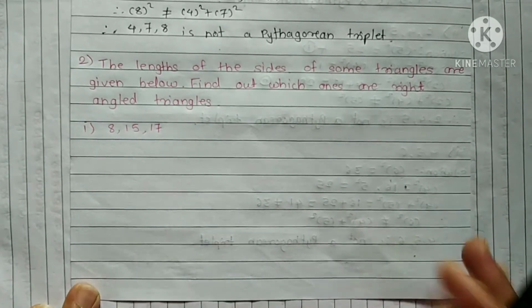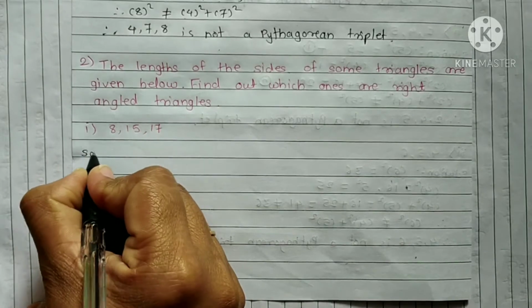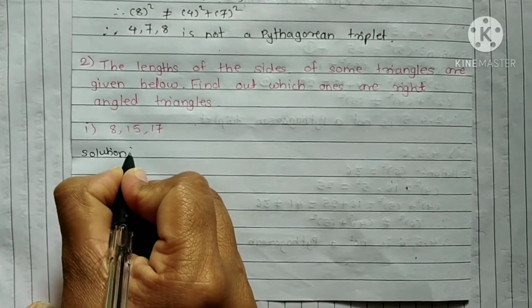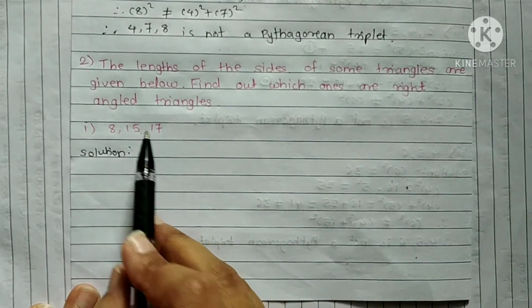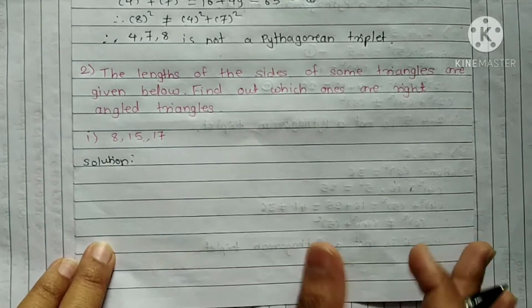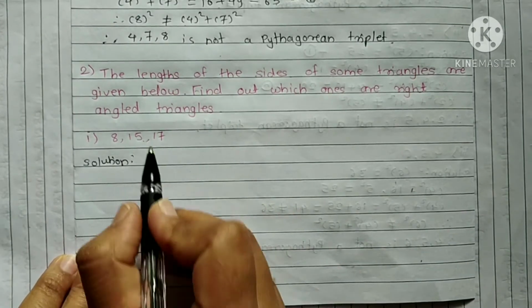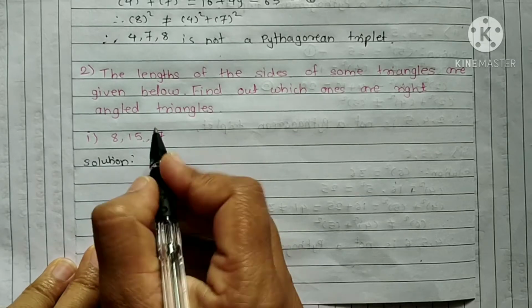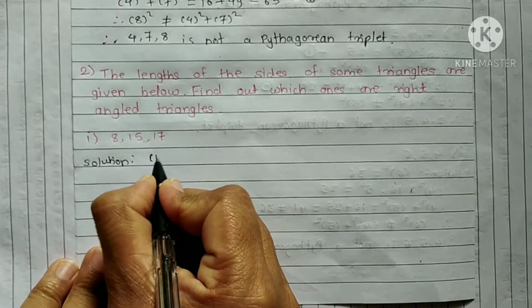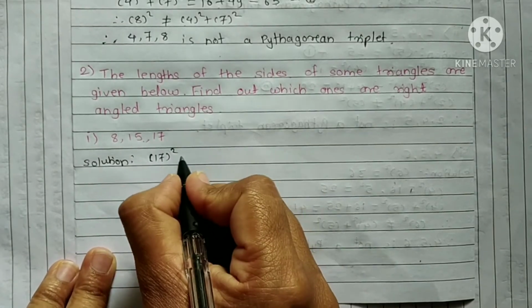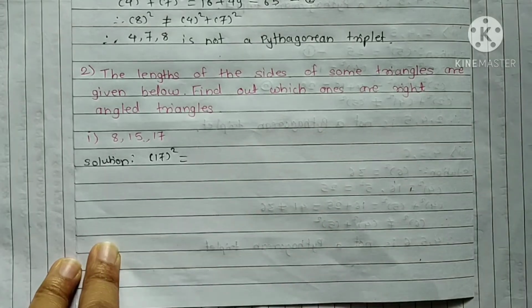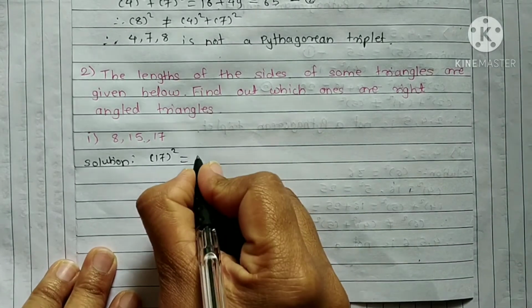So let's see the solution. Here the lengths of the sides are 8, 15 and 17. Here the length of the biggest side is what? 17. Therefore first write down 17 square. 17 square is 289.